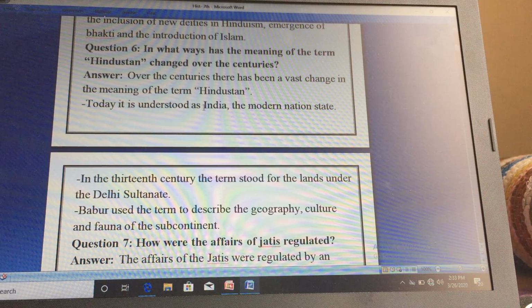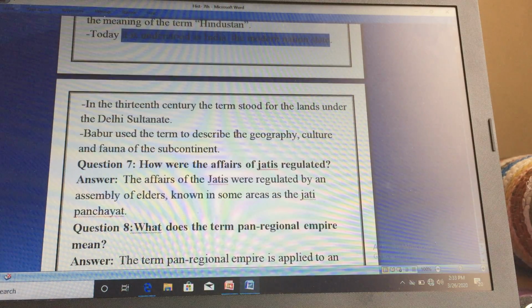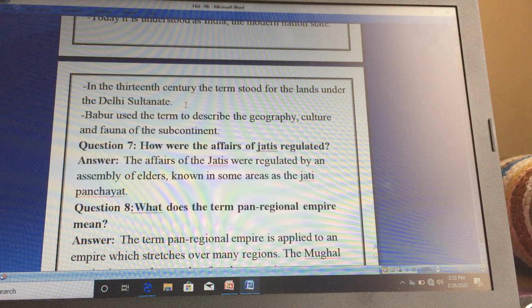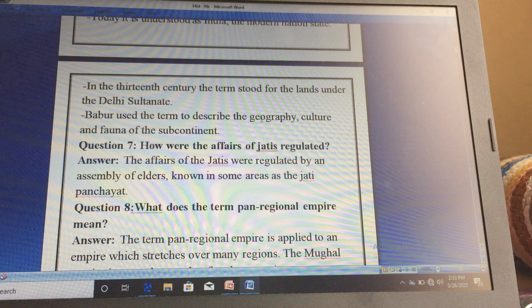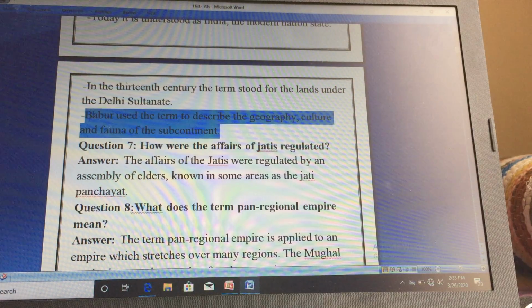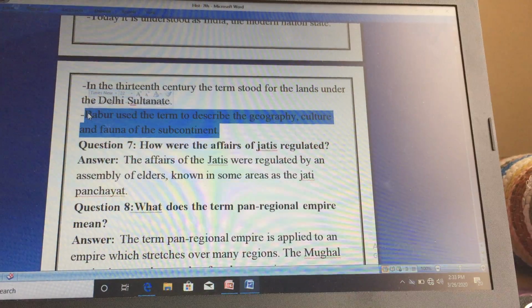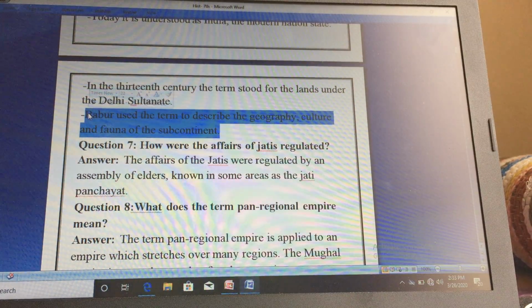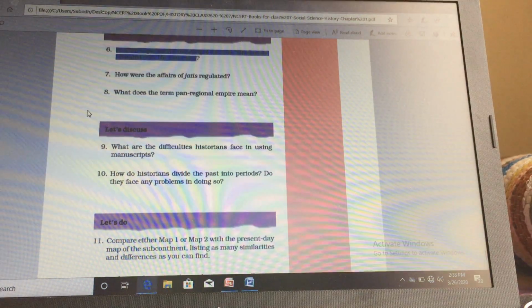Today it is understood as India, the modern nation state. In the 13th century, the term stood for the lands under the Delhi Sultanate as per Minhaj Siraj, and Babur used the term to describe the geography, culture, and fauna of the subcontinent. So the meaning of the term Hindustan changed over a period of time.